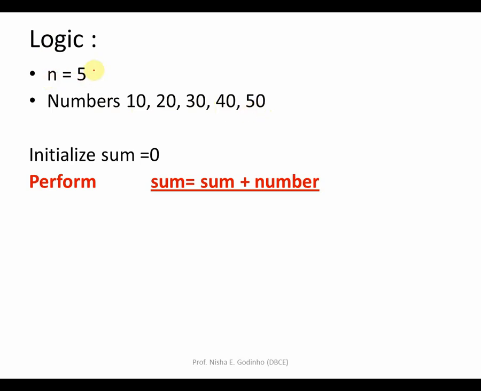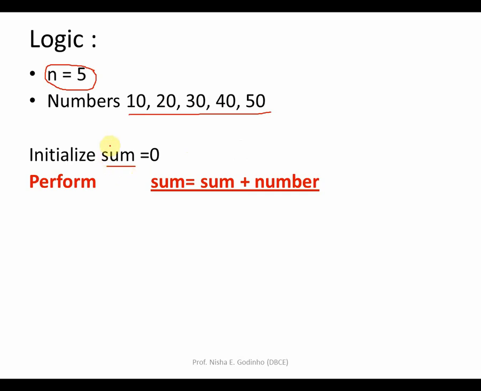So n is 5 in this case because we have 5 different numbers to be added. Now you have to remember that we need a variable to store the result or the answer. Let's say that variable name is sum. We have used various variables in the previous algorithms like a, b, c and so on, n.